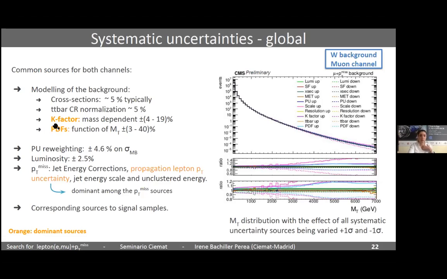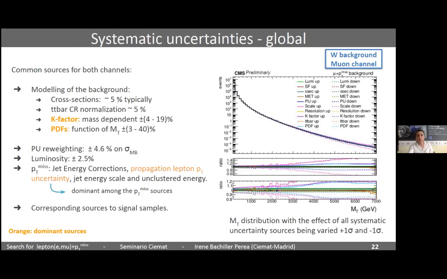In the modeling of the background, the K factors that are accounting for higher orders in the Monte Carlo and the PDFs are the two main sources, but there are other sources accounting for the uncertainty in the pileup reweighting that I explained, the luminosity, because we are scaling to the luminosity, and also sources related with the missing PT, with jet energy corrections, and the uncertainty of the PT is propagated to the missing PT. And the corresponding sources are also applied to the signal.